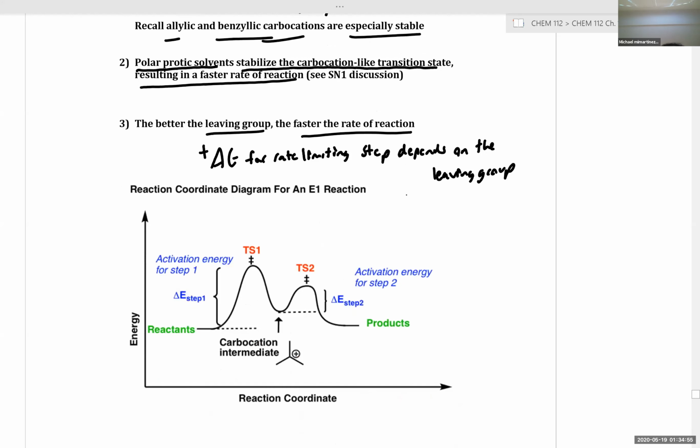Okay, perfect. So here's our coordinate once again. Remember, you should be familiar drawing out reaction coordinates and showing how changes in substrate and reaction conditions affect your reaction coordinate.